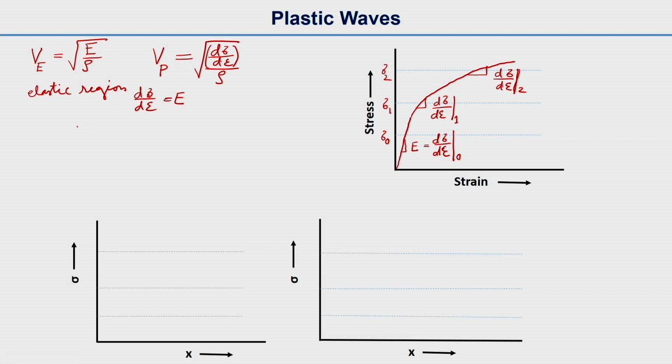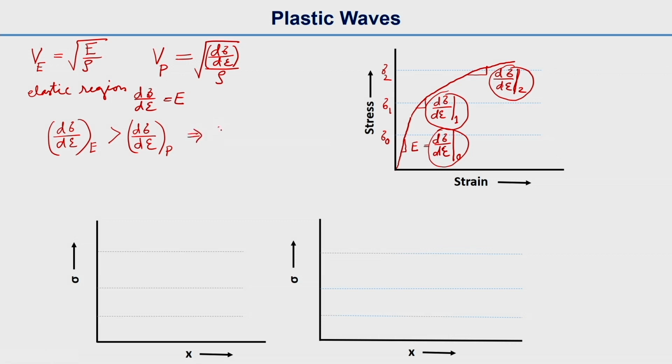Also, what we can see from elastic and plastic is that d sigma d epsilon for elastic, which is this one, is higher than d sigma d epsilon plastic. Both of the plastic slopes are smaller than the elastic slope.